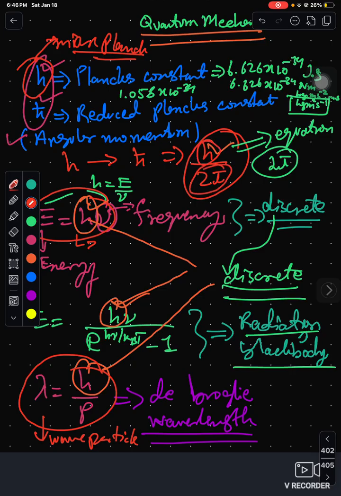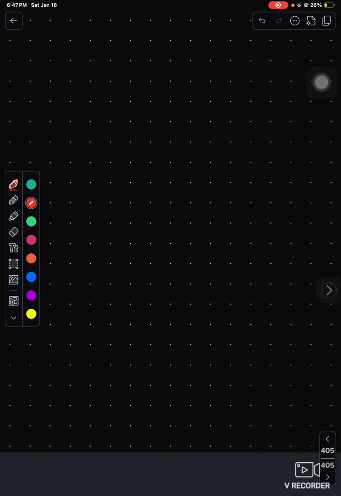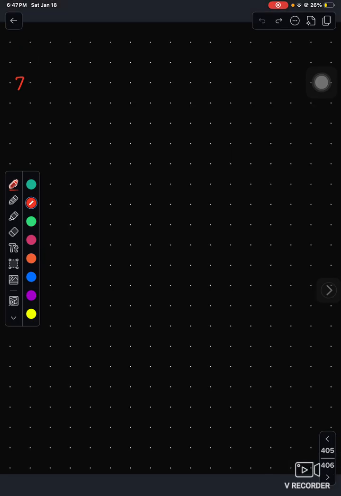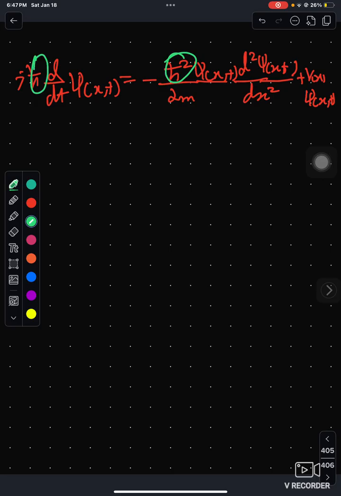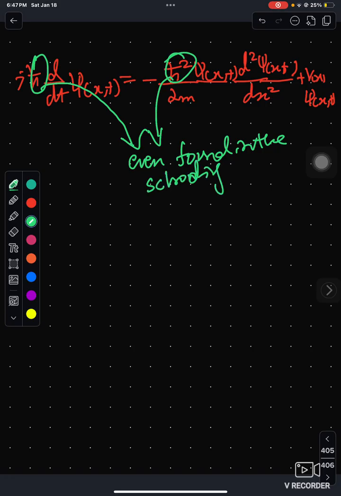Wherever you look in quantum mechanics, you will find h, and even in the famous Schrodinger equation you will find h bar: negative h bar squared over 2m, d squared over dx squared, plus V(x), acting on the wavefunction. Even in the Schrodinger equation we find it.